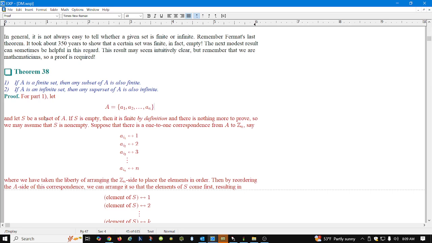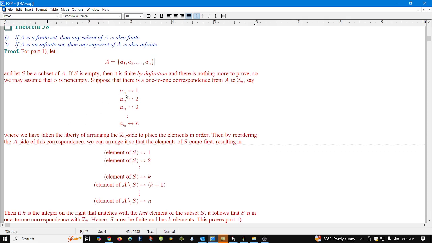And let S be a subset of A. If S itself is empty, then it's finite by definition. There's nothing we need to do. So we can assume S is non-empty. And suppose there is a one-to-one correspondence from A to Z_n. In other words, A has size n.